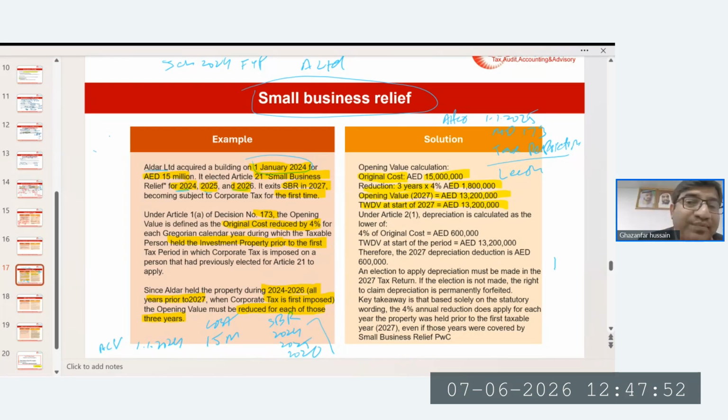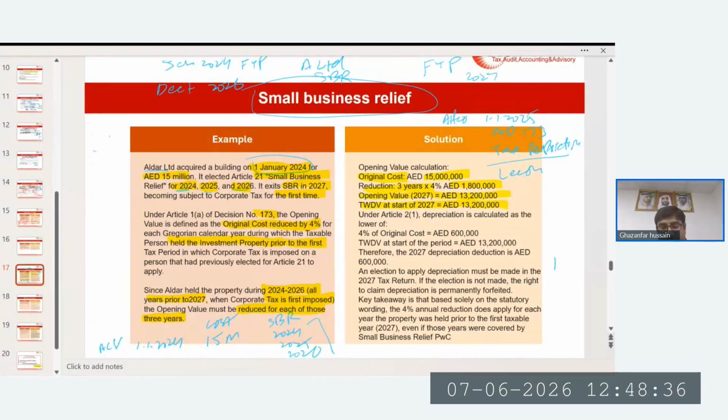So we will calculate up to that, yes, but in this case, they opted for the SBR. So now, considering this immovable asset, the first tax period of that property is 2027. So while reaching 2027, we have to do the calculation till December 2026 to calculate the tax written down value.